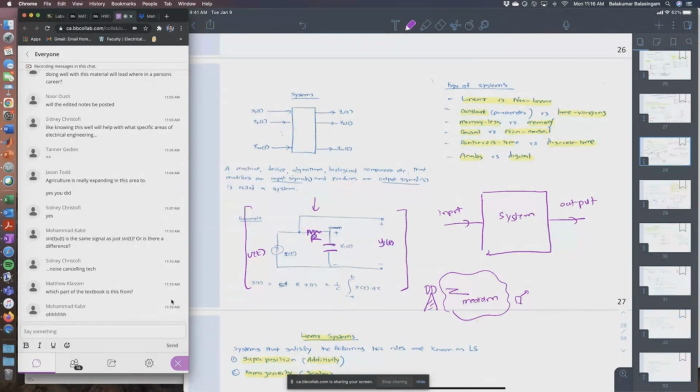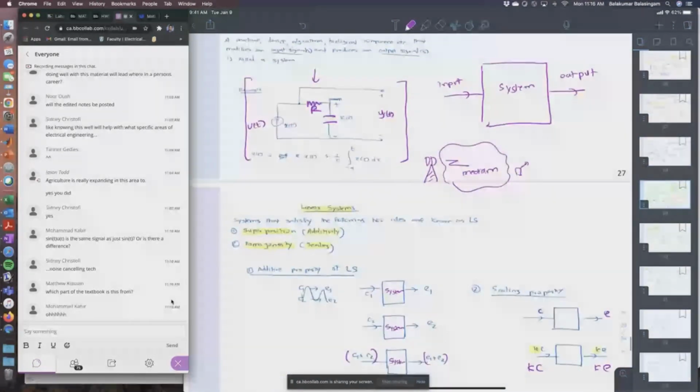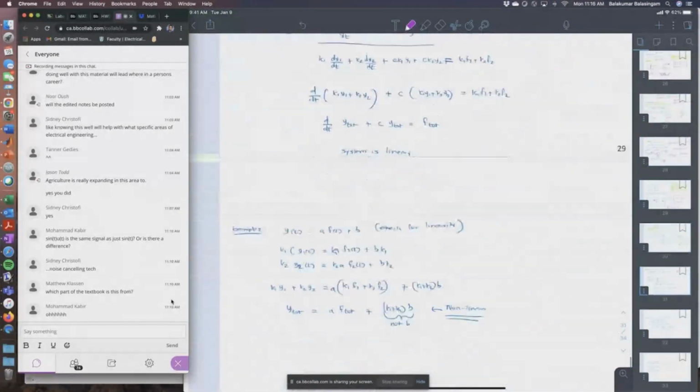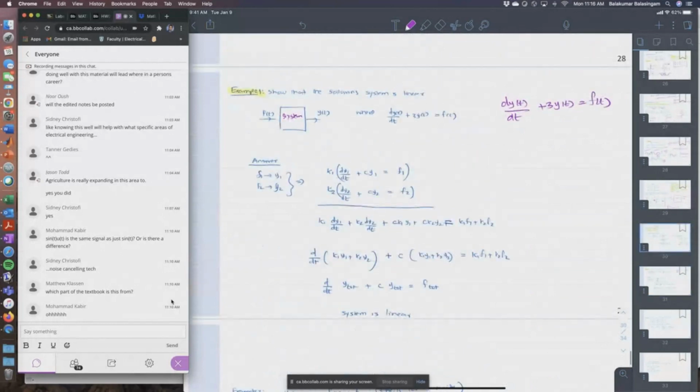Because when the capacitor fills, there's an integration involved. You will study, or probably already studied in circuits, that the voltage across the capacitor can be written using differential terms. So a lot of systems can be defined using differential terms.